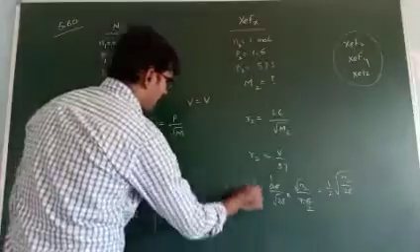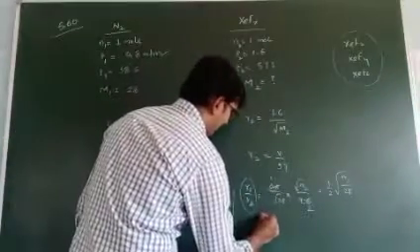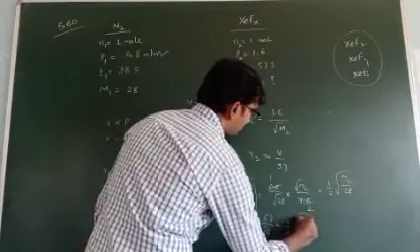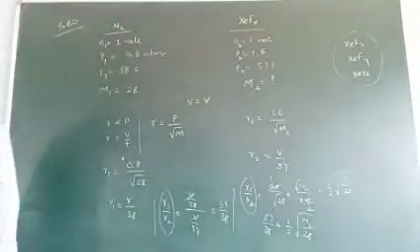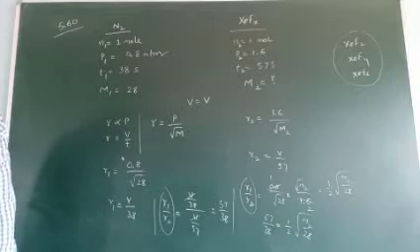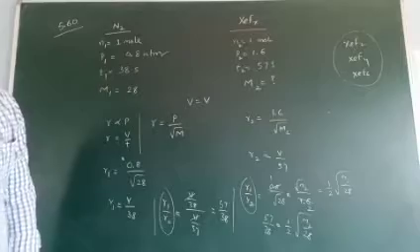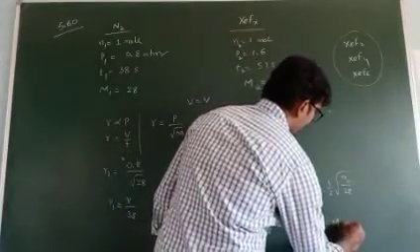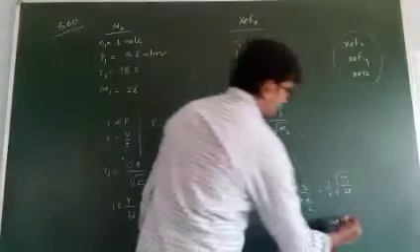So this R1 by R2 must be equal to this R1 by R2. So 57 by 38 is equal to 1 by 2 into root over M2 by 28. Finally, it gives M2, we can get only one value, that is 252.